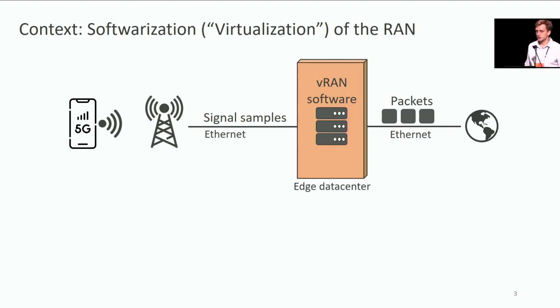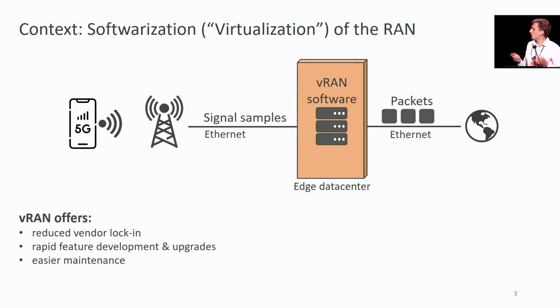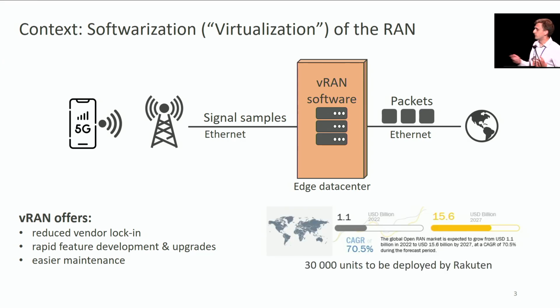Virtualized radio access networks, or vRAN, is a new concept which implements RAN processing in software, and it can be run in a general purpose data center. vRAN offers reduced vendor lock-in, rapid feature development and upgrades, easier maintenance, and potentially lower cost of ownership. The vRAN market is growing across the world, with, for example, Rakuten already deploying 30,000 units in Japan.